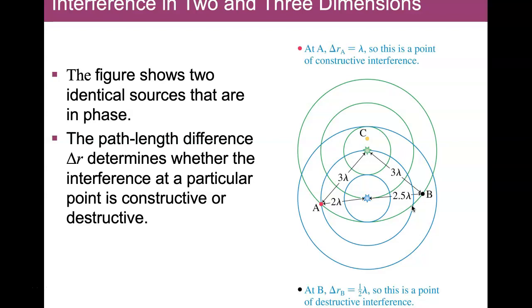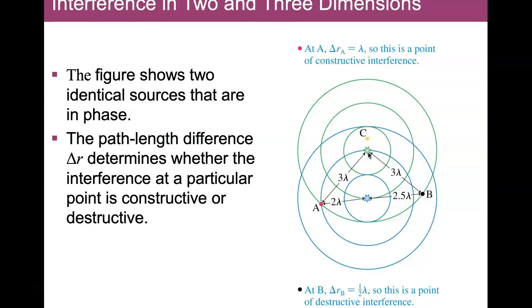It gives a phase difference of 2 pi, which is nothing. But any half lambda can make you completely out of phase, because it gives a phase difference of pi, and then adding a pi to a sine function gives it a negative overall sign. So B is a point of destructive interference.